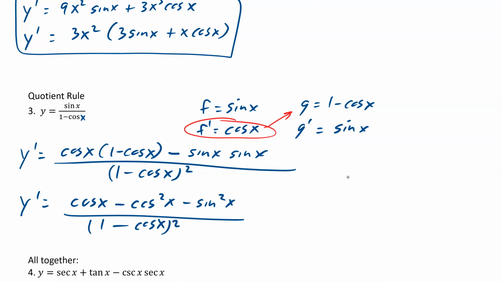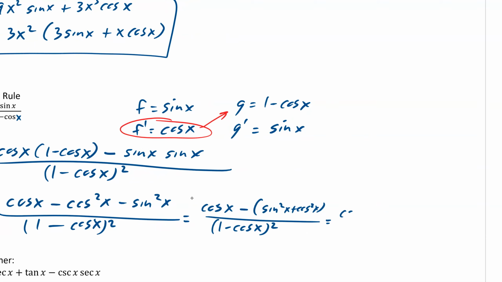Now, if you remember our Pythagorean identities, anytime you see a sine squared and cosine squared next to each other, we try to combine them. Now, they both have a minus, so we can take that and put minus sine squared x plus cosine squared x, and that becomes 1. And so this becomes cosine x minus 1 over 1 minus cosine x squared.